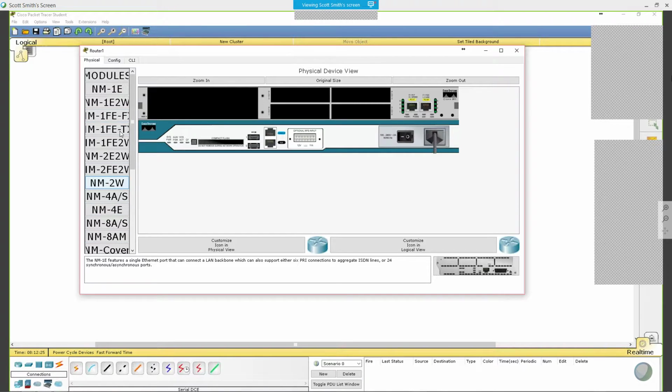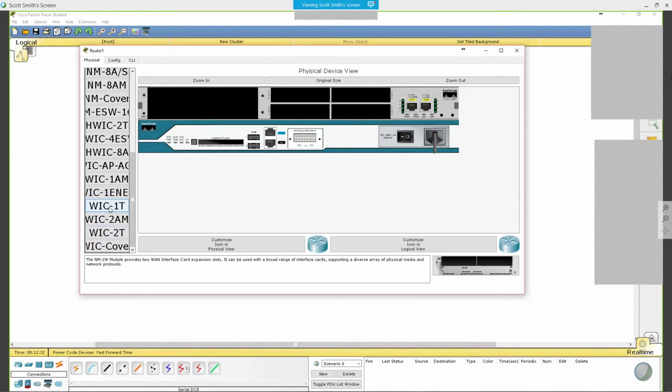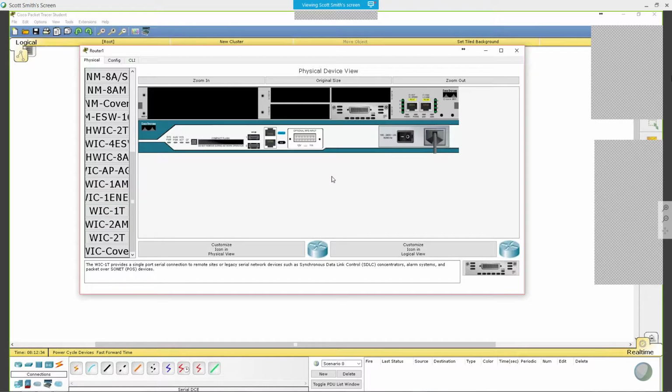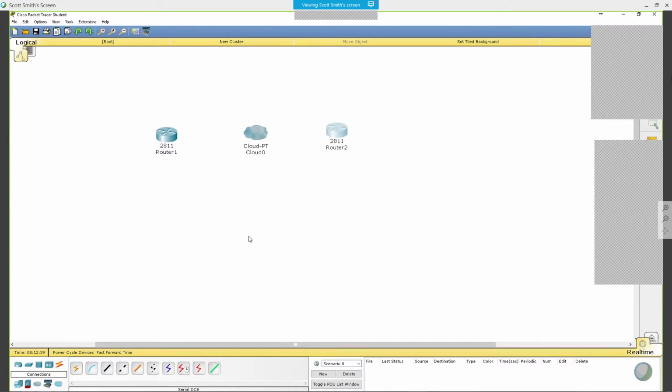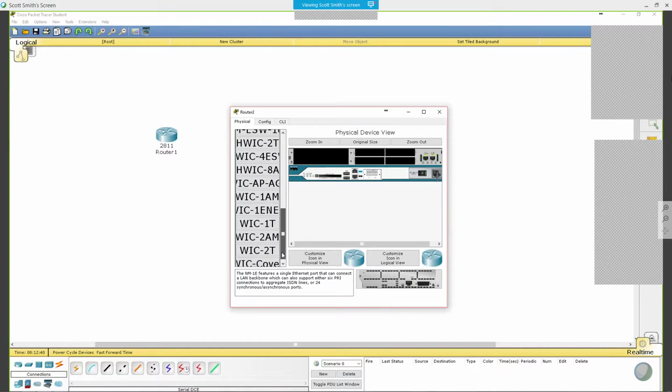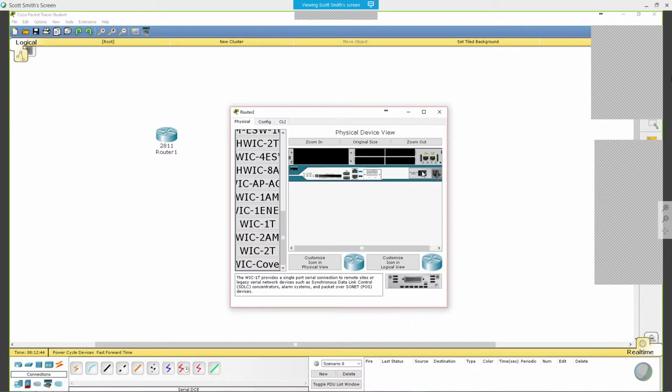Let's do a 2T, not 1T. Turn that back on, and same thing here. It makes you actually turn the router off. That's okay.